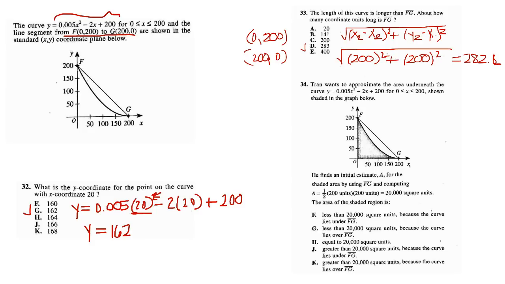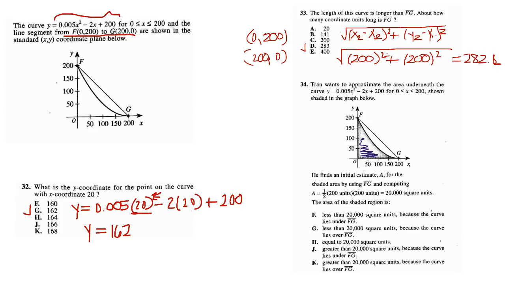Now let's read through question 34. Tram wants to approximate the area underneath the curve, and notice it gives us the same equation again, shown shaded in the graph. So he's wanting to approximate the area beneath the curve, that's the shaded portion. To do that, he's made a triangle from the line segment.